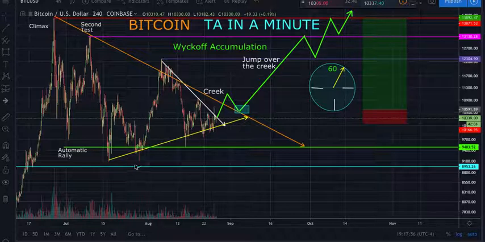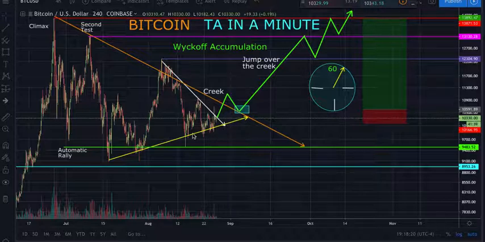But now you'll see we start putting in a series of higher lows as well. And as we start doing that off the peak, we're forming what Wyckoff refers to as the creek. Typically it's a series of lower highs and lower lows, but in this case it's essentially a symmetrical triangle.